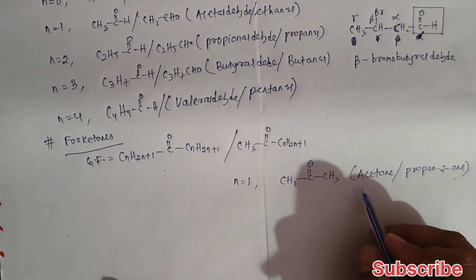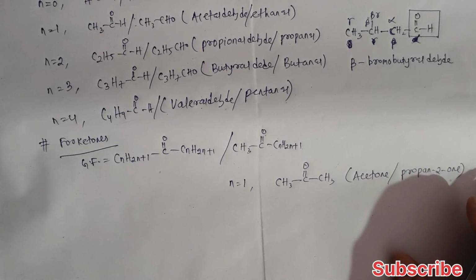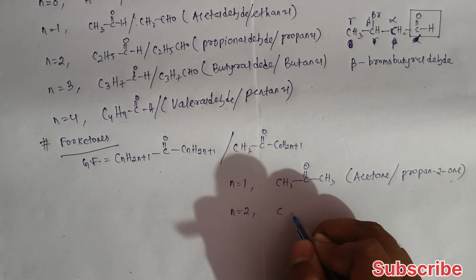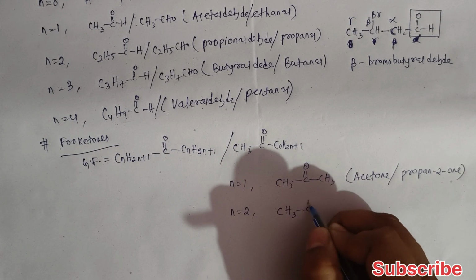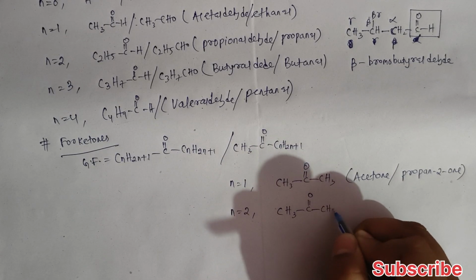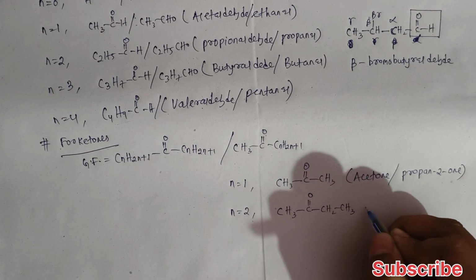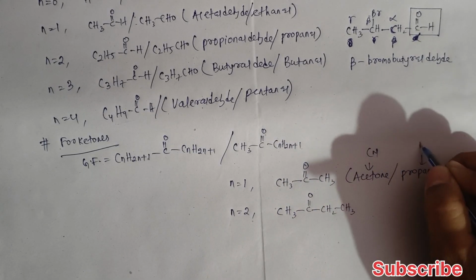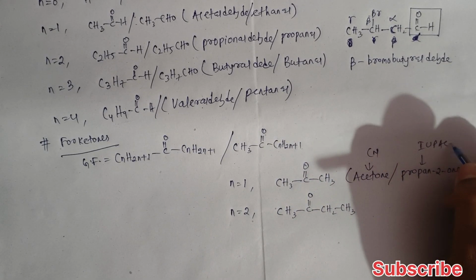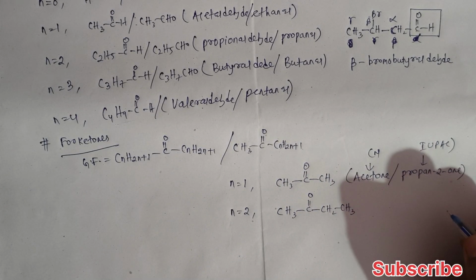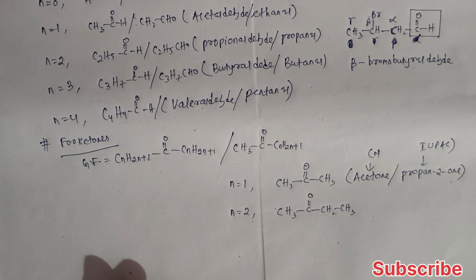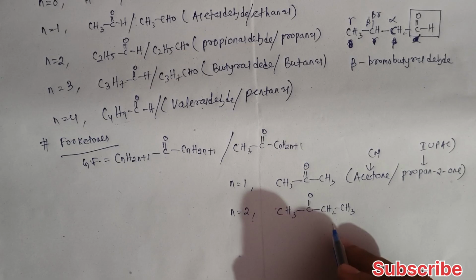Clear? This is called acetone, and it is also called propan-2-one. Now put n equals 2. If I put CH3 C double bond O CH2 CH3, what will the name be? This is our common name, and this is our IUPAC name. Clear? What will be its common name?